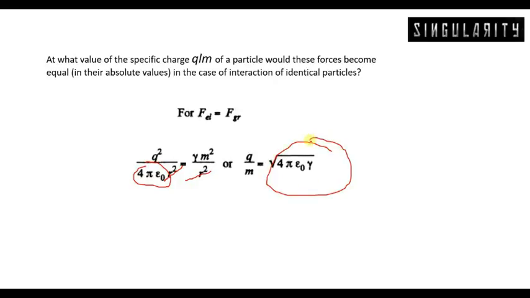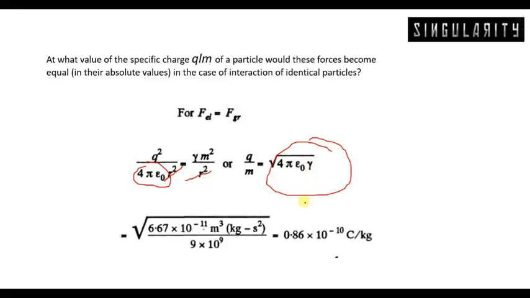Now you need to calculate it. We know 4 pi epsilon naught, we know gamma, so we just need to feed the values. Gamma is 6.67 into 10 to the power minus 11, and the constant 1 upon 4 pi epsilon naught is 9 into 10 to the power 9.